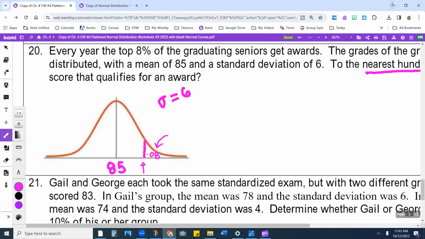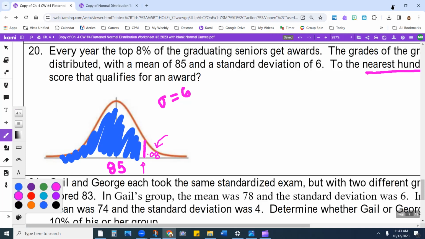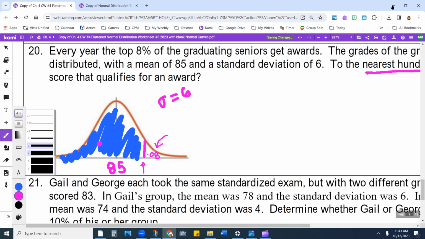Now, when we do this, the calculator is going to find the area from here all the way up to wherever you want. So I'm not going to be trying to find the 0.08. I am going to be trying to find all of this, and all of that is going to be 0.92.